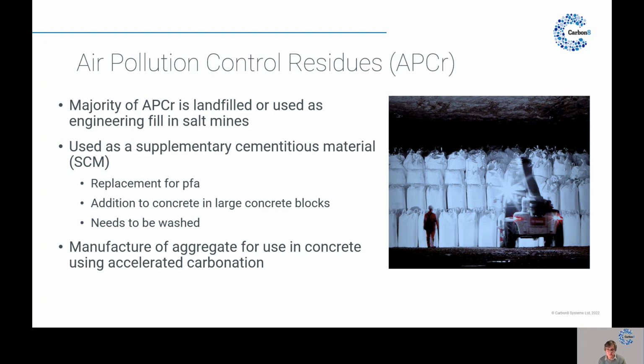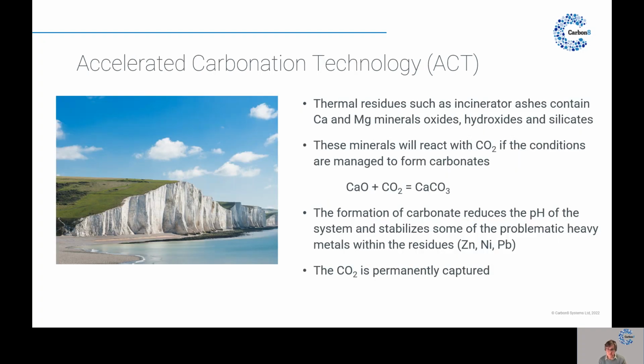Our approach is to use the air pollution control residues to manufacture an aggregate for use principally in concrete, using carbon dioxide as an ingredient in the process. So to think about what accelerated carbonation technology is, it's the reaction of calcium and magnesium minerals, principally oxides, hydroxides, and silicates, that occur in a range of thermal residues, such as the incinerator ashes.